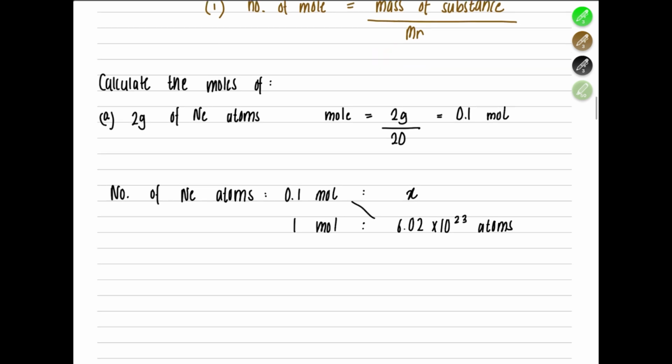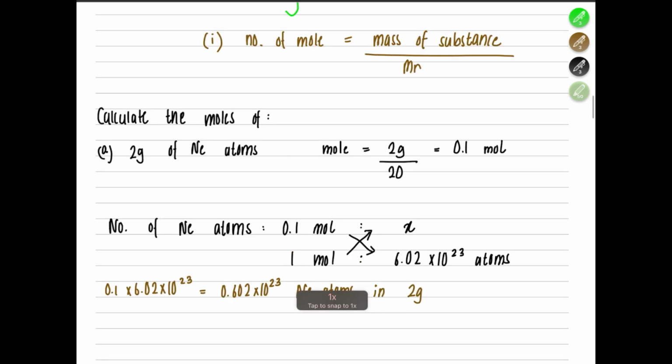We just need to cross multiply. So number of neon atoms is 0.1 times 6.02 times 10 power 23, and that is 0.602 times 10 power 23 neon atoms in 2 grams.